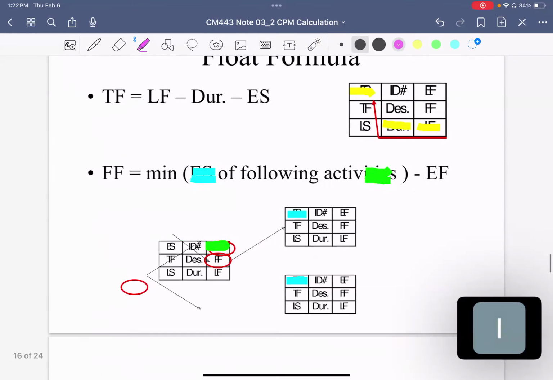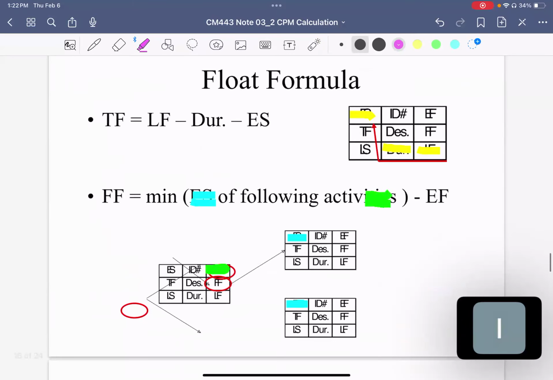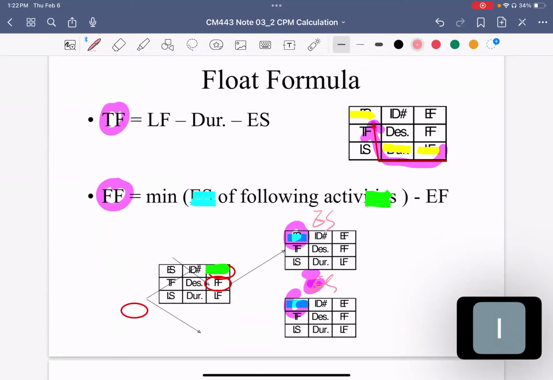Now we can use the formula for TF. Remember, TF always deals with the same box, but the free float concerns the following activities, not impacting their early start time. So you use the minimum of the following early start times to determine your early finish time.